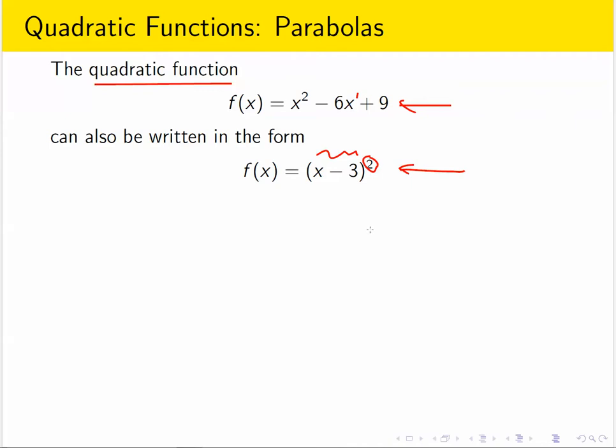And the smallest value I could get out is if I plug in a 3, because then that will give me an output of 0, because 3 minus 3 quantity squared is 0. So the smallest output I can get is 0, and every other output I get will be positive.